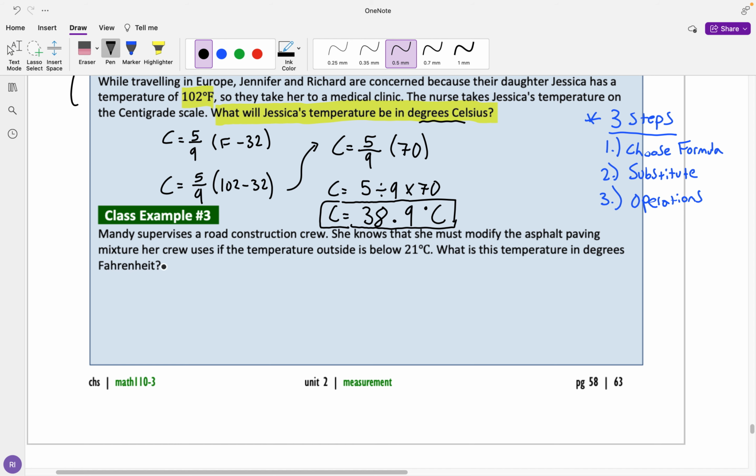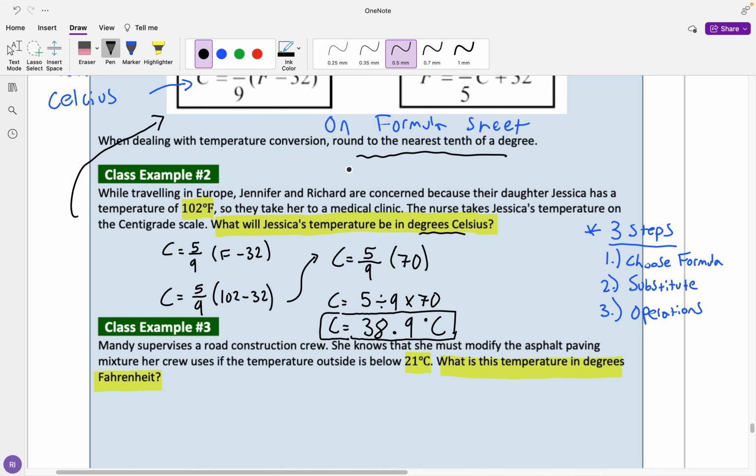All right, so let's try this out for another question. Mandy supervises a road construction crew. Gonna have to change the mixture if the temperature is too cold. We kind of skip all that detail. 21 degrees Celsius. What is the temperature in degrees Fahrenheit? So choose the formula.